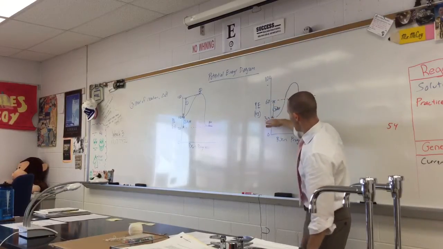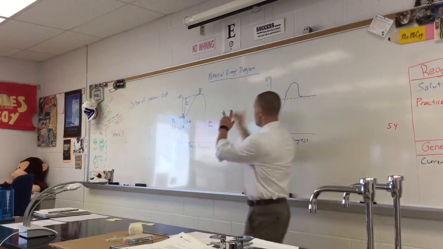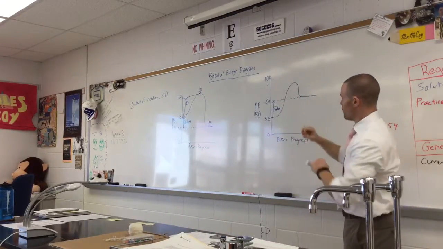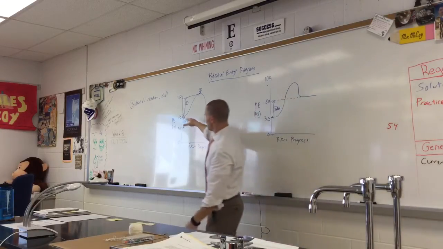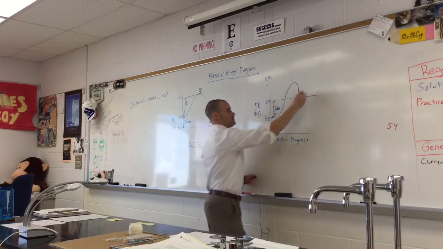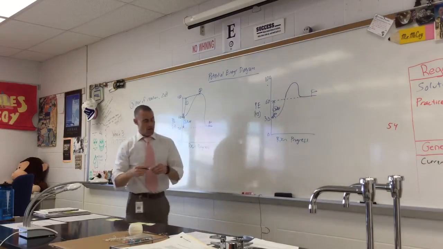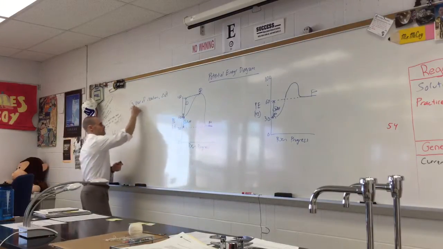I said that backwards. Reactants and products. Here, it's reactants and products. Notice that these are kind of flipped, sort of. Here, the reactants are low, products are high. Here, the reactants are high, products are low. Let's label that R and P. So, what does the heat of reaction tell us?